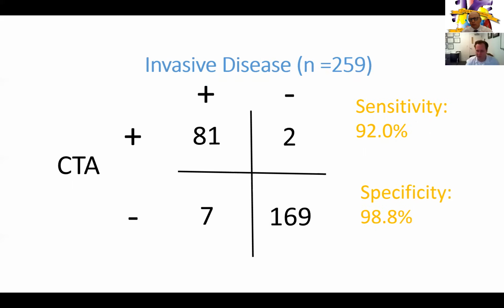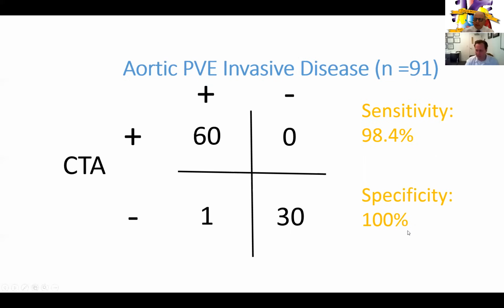The performance improves if you look at the patients who have invasive disease. So this is aortic root abscess, abscess cavity, or pseudoaneurysm, with a sensitivity of 92% and a specificity of almost 99%. And it improves even further if you look at the subset of patients who have prosthetic valve endocarditis involving the aortic valve.